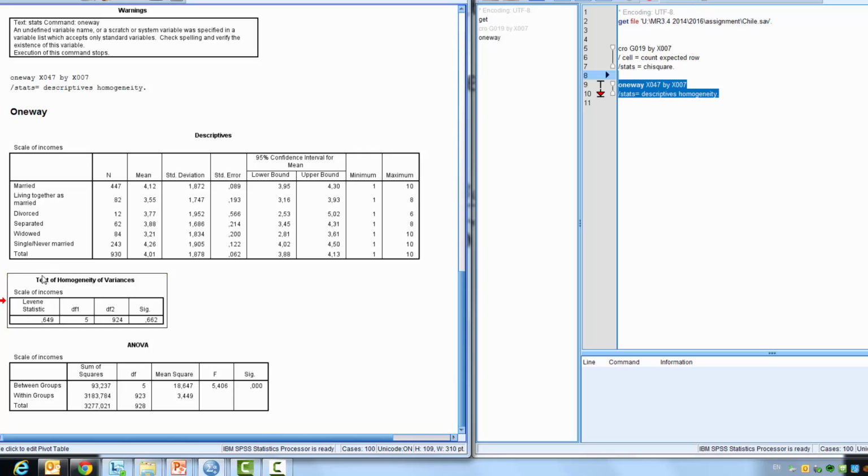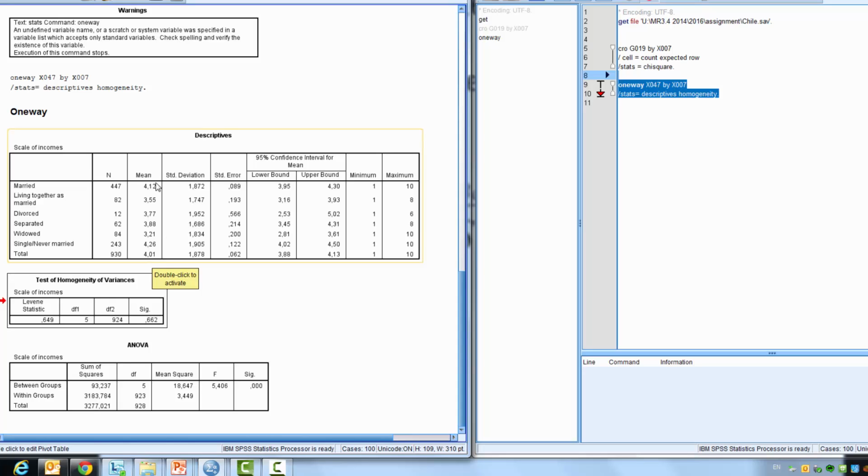So here you have Levene's test of the homogeneity of variances, similar to the t-test that we saw before, where we compare two groups. We also assume that the variances are equal in this test. As you can see, it is not significant, meaning that the variances can be considered equal. Now, in this first table, the descriptives, you see the means, and these are actually tested in ANOVA.